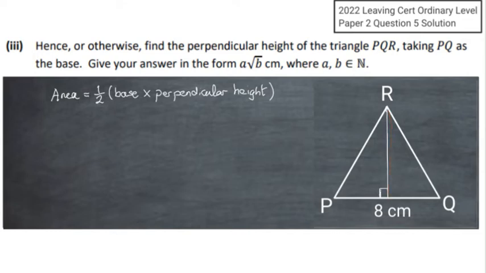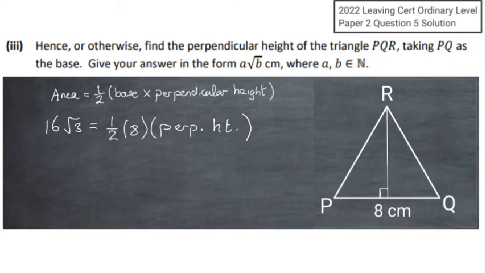So we have the area, and that's 16 by root 3. Half of the base would be half by 8. And then we multiply again by the perpendicular height. Okay, shorthand. So that will give a 4 over here.